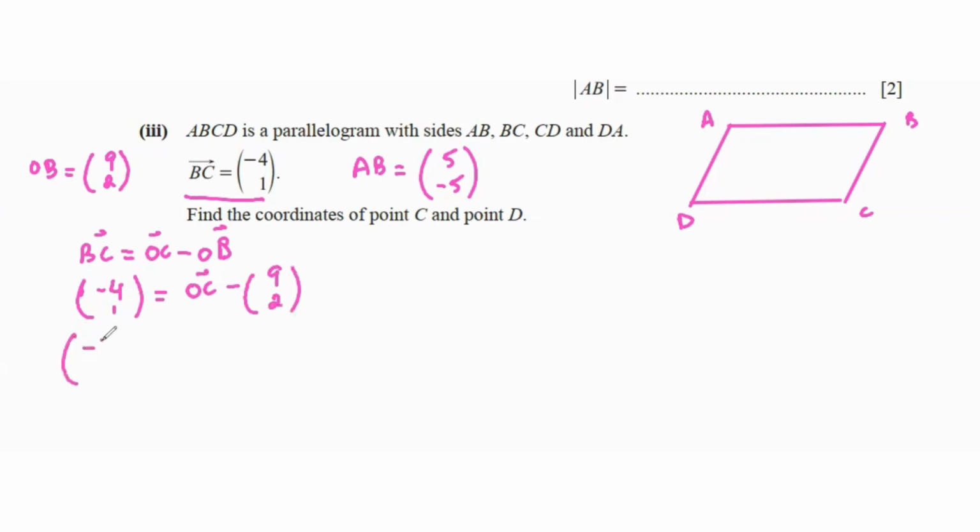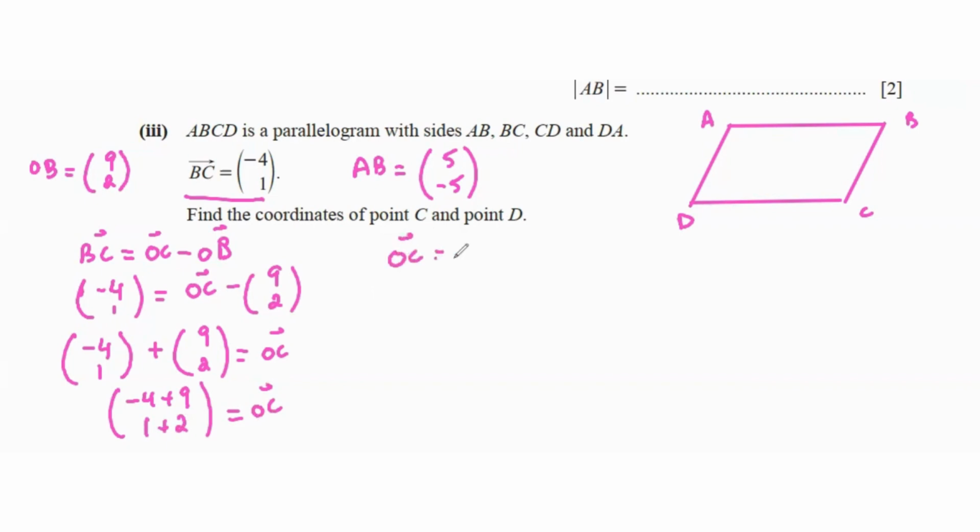We take 9, 2 to the other side. So that's going to be -4, 1 plus 9 and 2, which is -4 plus 9, 1 plus 2. And OC is 5 and 3. Coordinates of C are 5, 3.